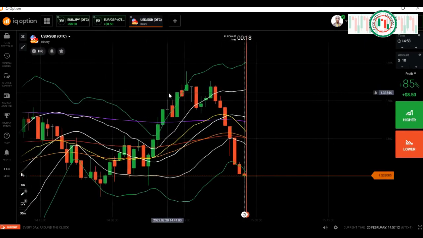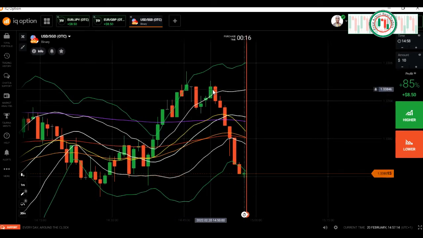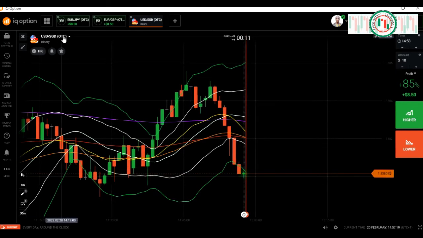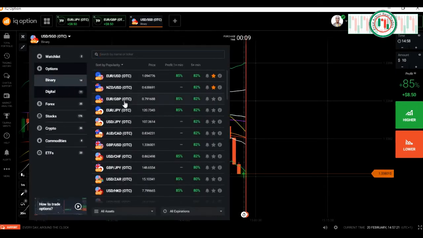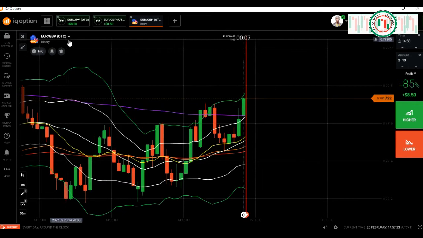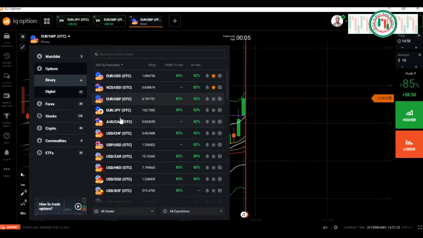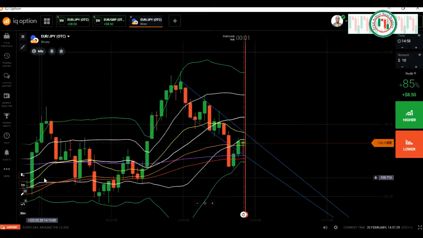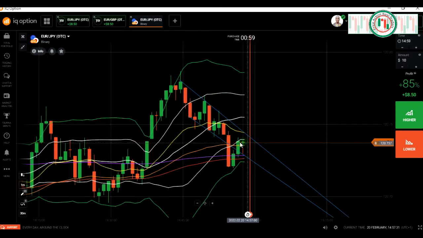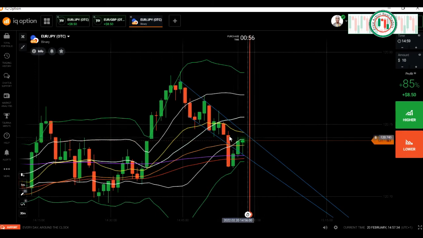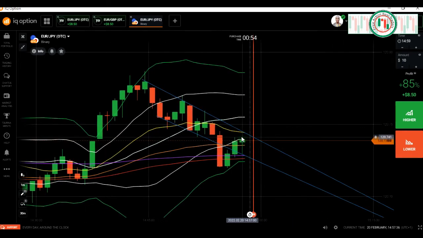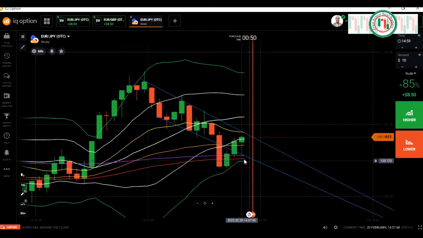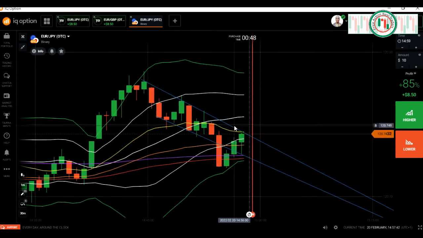So here, this is a global top, and the trend has finished. Maybe another pullback from one deviation, but this is a Bollinger Squeeze and breakout of all EMAs.